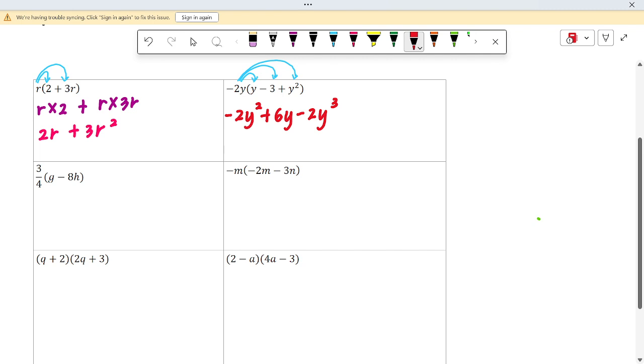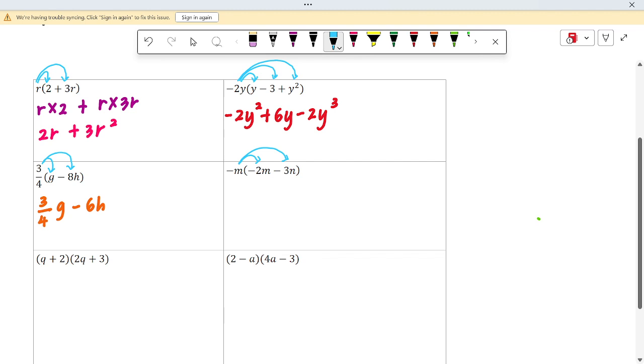Okay. Number 3, I gave you a fraction there. So it's the same thing, 3 over 4 times g, 3 over 4 times negative h, 8h. So you will get here 3 over 4g minus 3 over 4 times 8 will give you 6h. That's all your answer. Last one within one bracket, I added negative there, so 1 and 2.